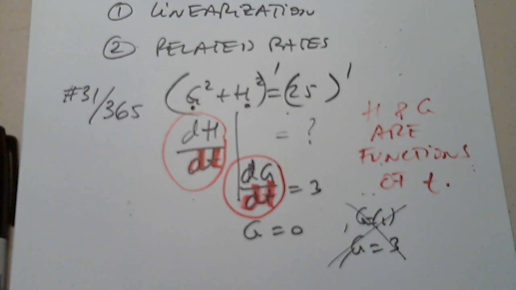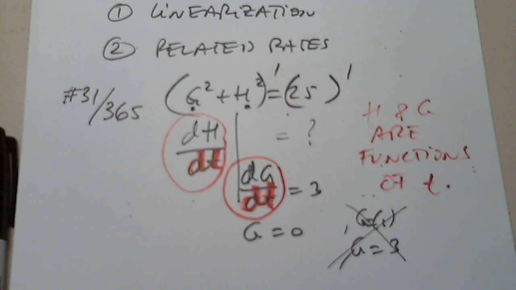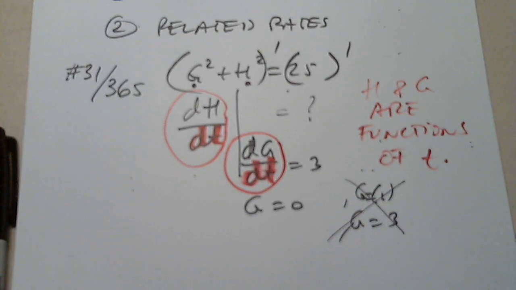So can anyone help with that? How do we differentiate both sides? The derivative of 25 is 0. Yes, the right-hand side is 0.